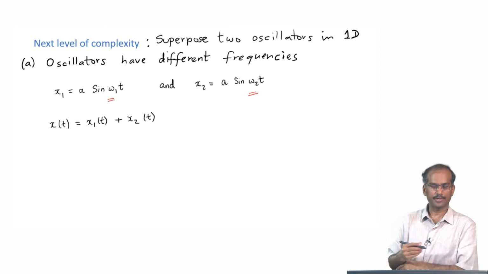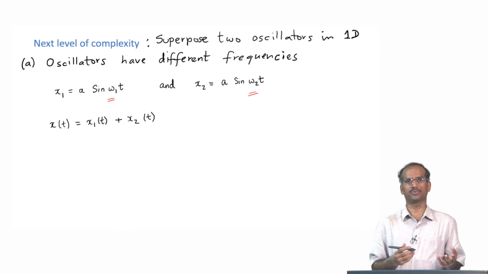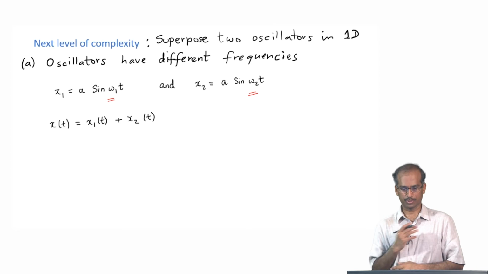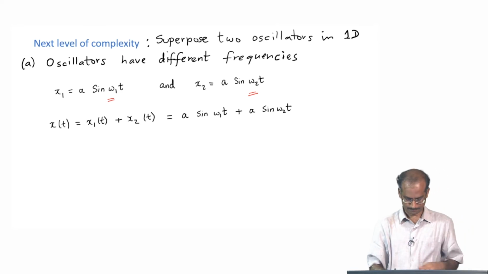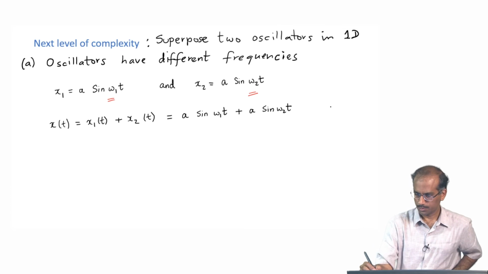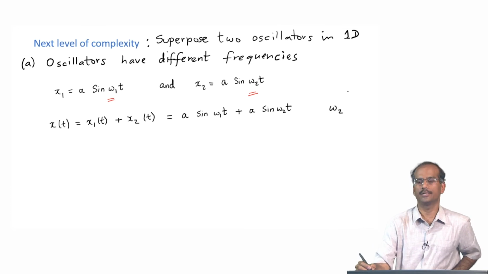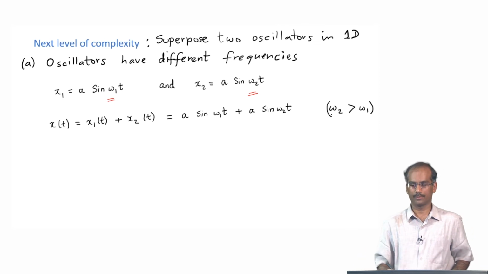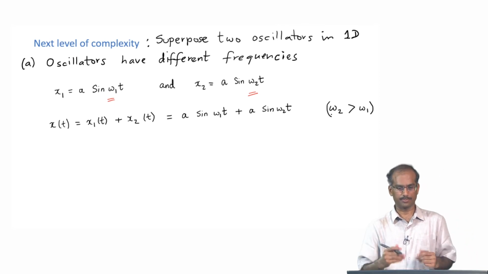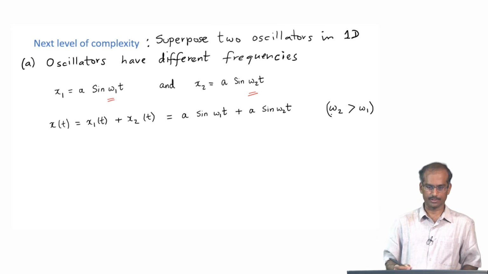So, as usual, I have written down x of t is the sum of x 1 of t and x 2 of t, which in this case would be a sin omega 1 t plus a sin omega 2 t. And I will also, without loss of generality, assume that omega 2 is greater than omega 1. It does not matter, but it just makes life somewhat simpler for us.